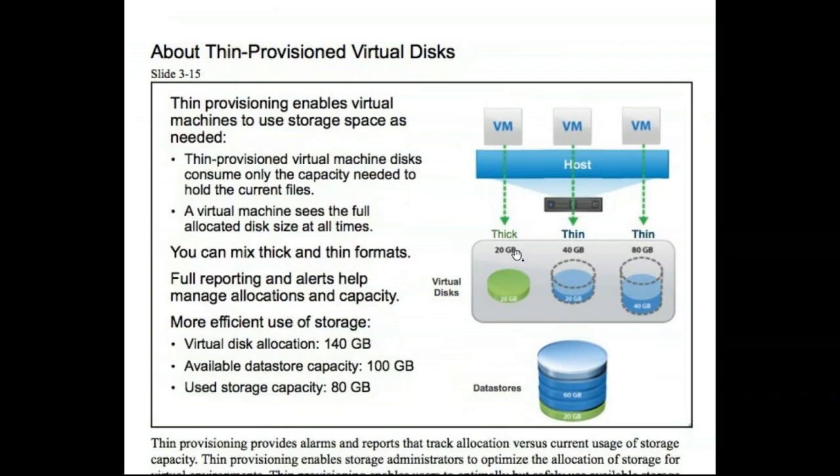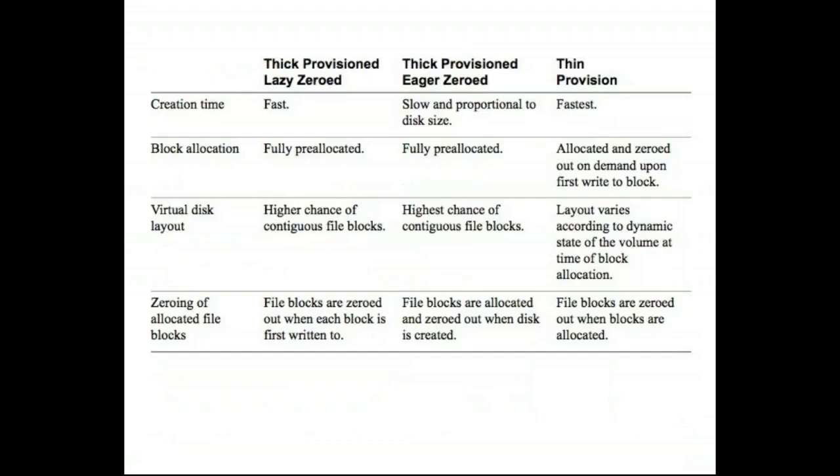Okay, so this is again the thick versus thin. As you can see in the creation time, thick provision lazy zeroed is fast, thin is fastest, whereas eager zeroed is slow.